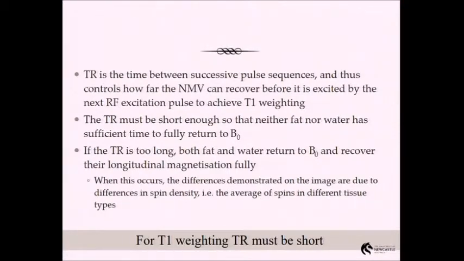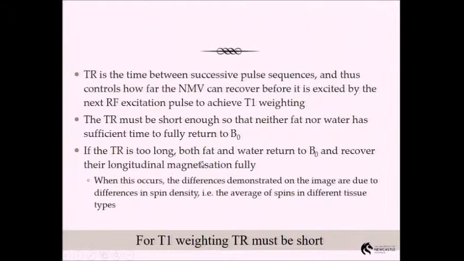Again, I mentioned that TR is the time between successive pulse sequences and thus controls how far the net magnetisation vector will recover before it's excited by another excitation pulse. The TR must be short enough so that neither vector really recovers to full strength.